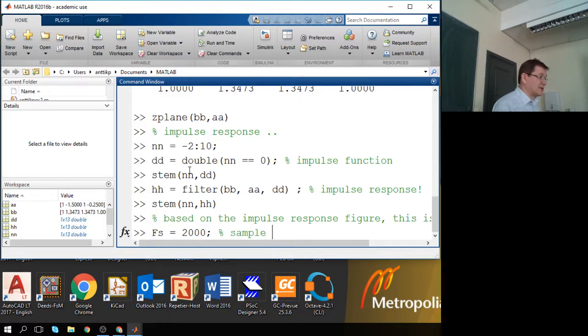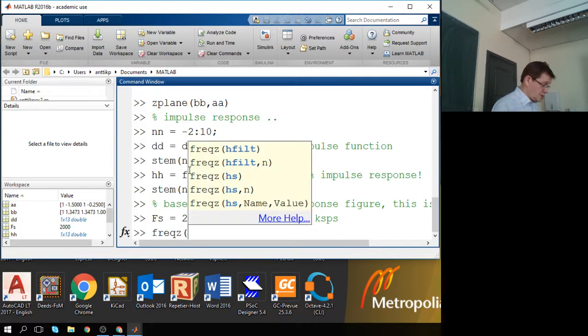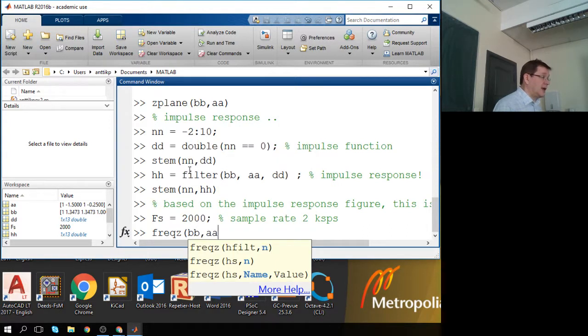So this is sample rate, 2 kilo samples per second, KSPS. And then we can actually calculate the frequency response quite easily. freqz, and the system is bb, aa.